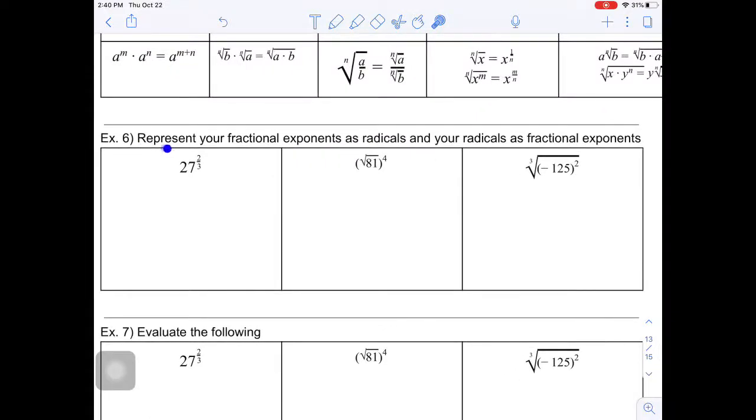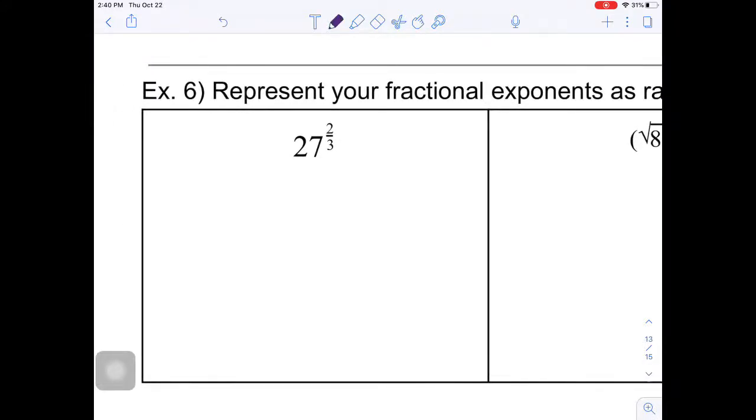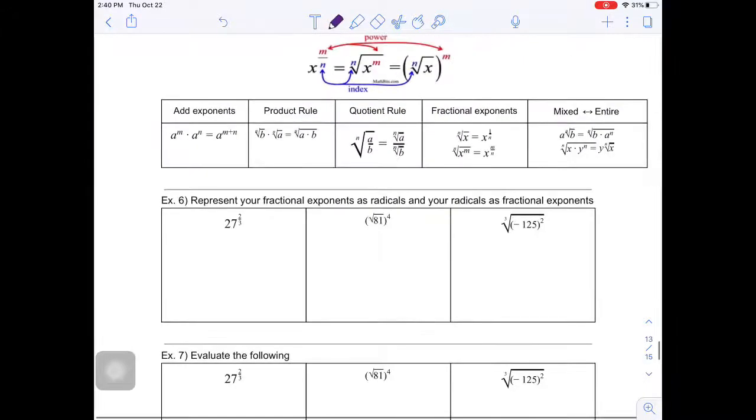Example 6 says represent your fractional exponents as radicals and your radicals as fractional exponents. Okay, so here we need to represent this in terms of a radical. So remember that the power in our fractional exponent stays as the power here. The denominator in my fractional exponent becomes the index.